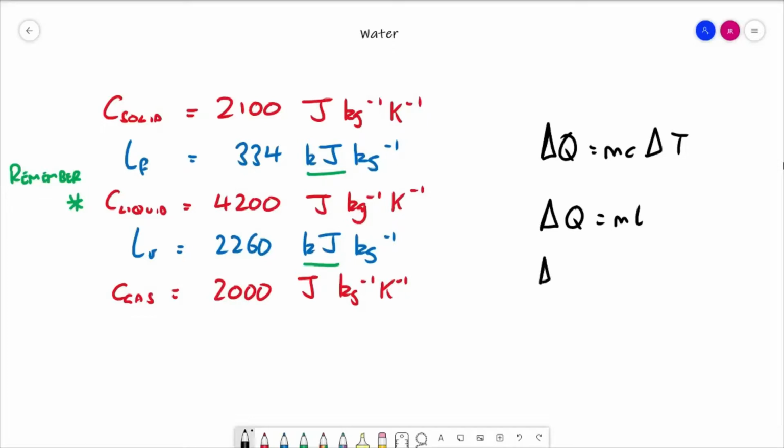So if delta Q is positive, then that tells us that we are heating, and if delta Q is negative, then we are cooling.